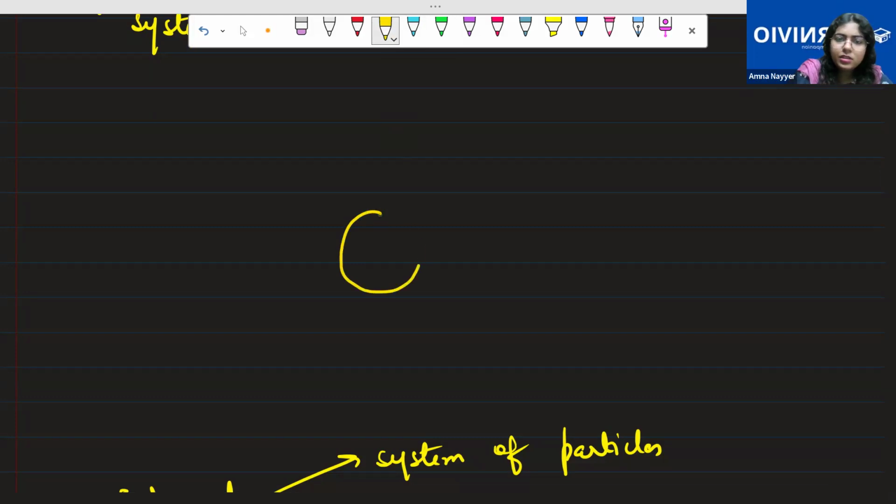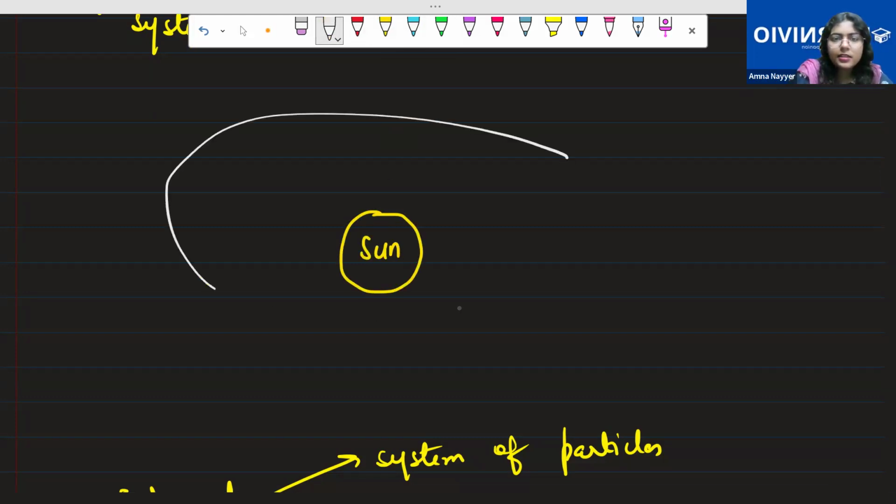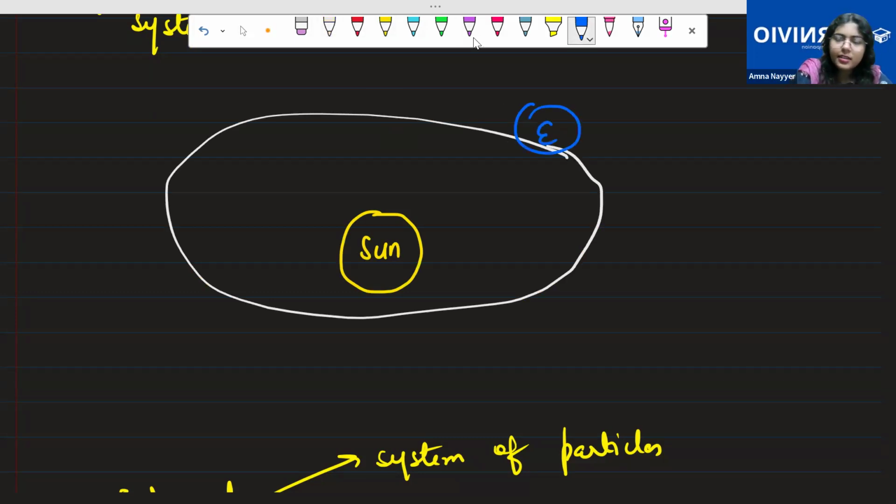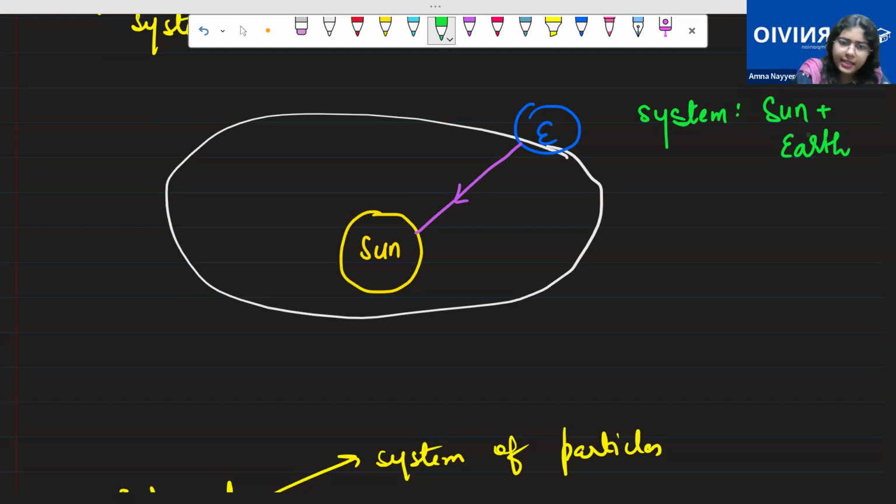Let's say the sun is there, the entire orbit of Earth is present, Earth is there. Now the sun and the Earth have a pulling force between them. Sun is pulling the Earth. Right now, my system is this much only. System means the part under my observation. I am focusing on the sun plus Earth.